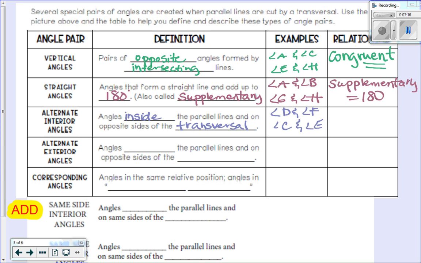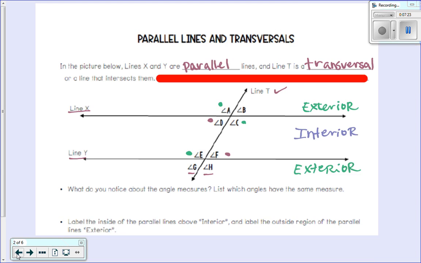Pretty good. What kind of relationship are those? Do you think they would be congruent, supplementary, complementary? What do we think? You think they equal 90? Supplementary, you think they equal 180? Let's look at that. Do they look about the same?